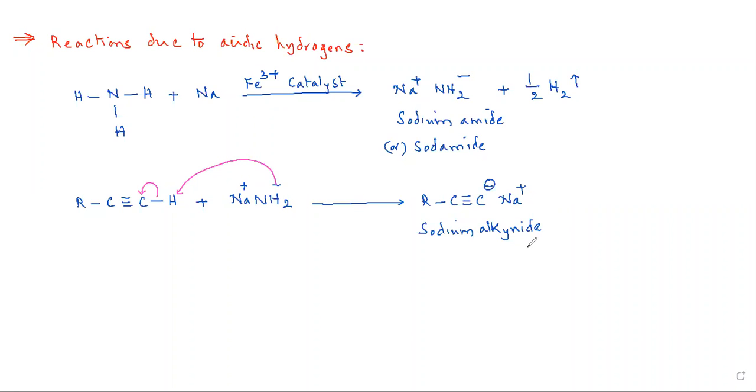So this is said to be sodium alkynide. Anyway, ammonia is eliminated. Now this is your acidic hydrogen.